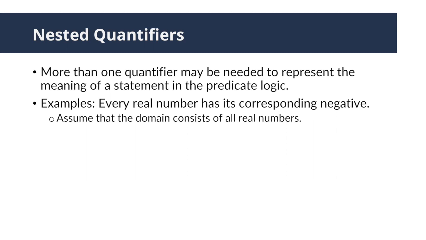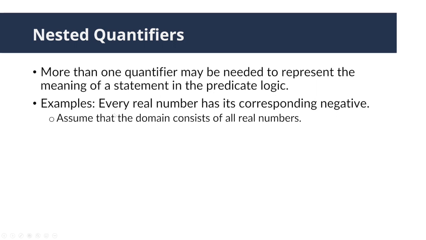Well, let's try to understand what corresponding negative means. Mathematically, if a number x has its corresponding negative y, it means x plus y equals 0. Now let's reword this statement so we can decide how to translate it.